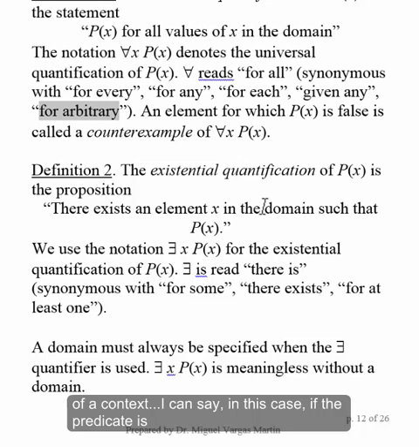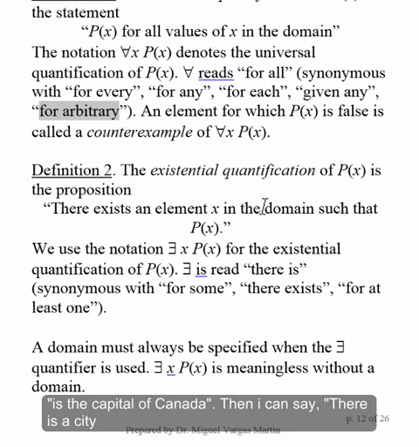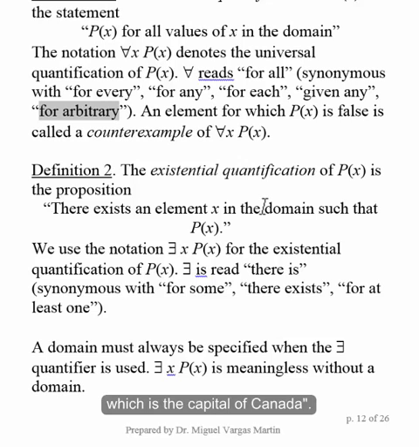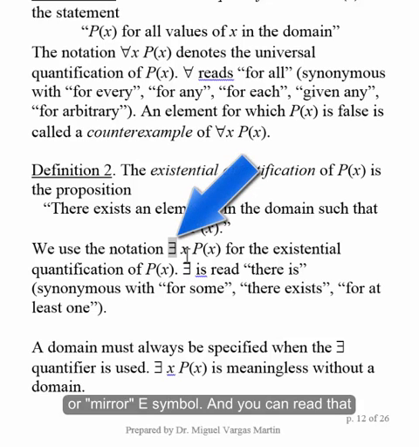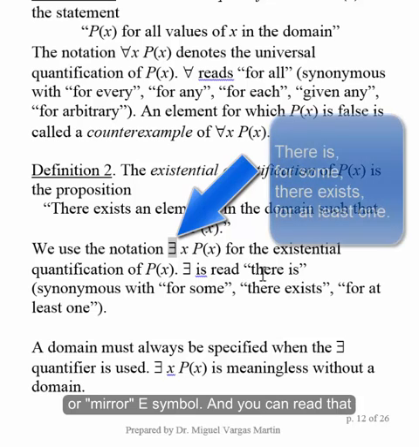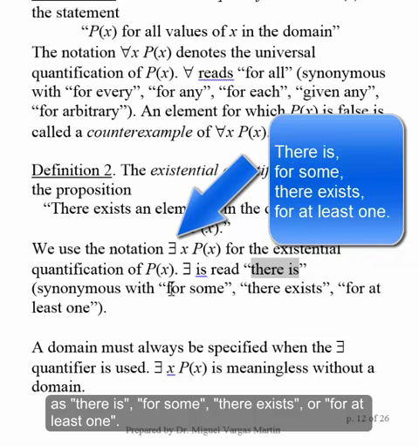If the predicate is the capital of Canada, then I can say there is a city which is the capital of Canada. To denote that in mathematics, we use the inverted E or mirror E symbol. You can read that as there is, for some, there exists, or for at least one.